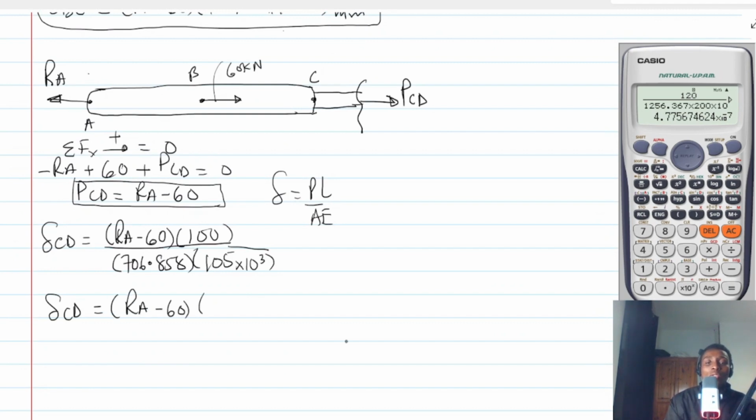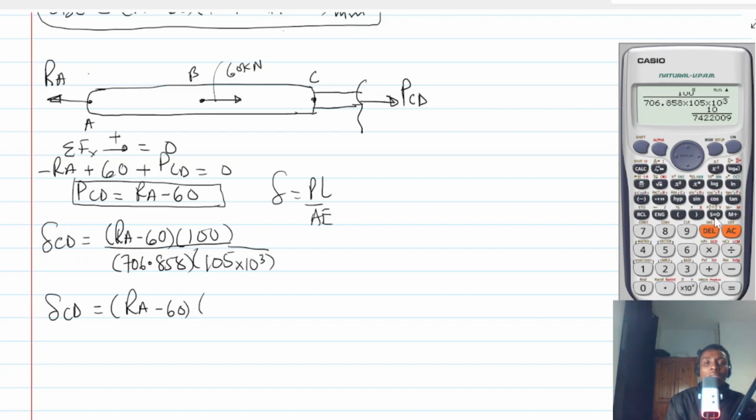Okay, let's compute. In fact, it's almost the same. No, let me change it. It's going to be 100 millimeters, and then I'm dividing this by 706.858 multiplied by 105 times 10 to the power 3.